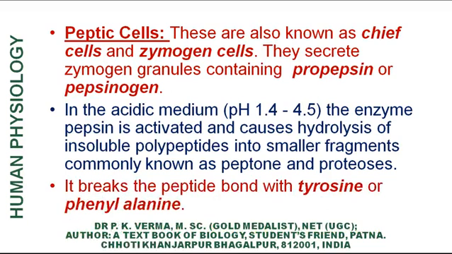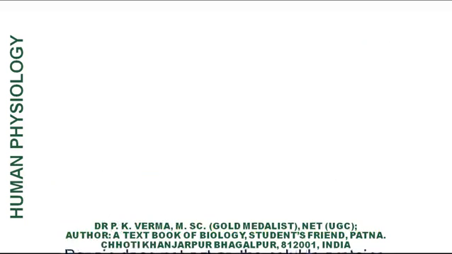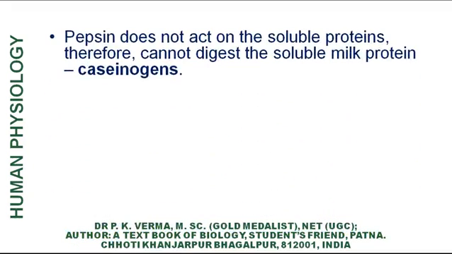Pepsin breaks the peptide bond with tyrosine or phenylalanine. Pepsin does not act on soluble proteins, therefore it cannot digest the soluble milk protein caseinogen.